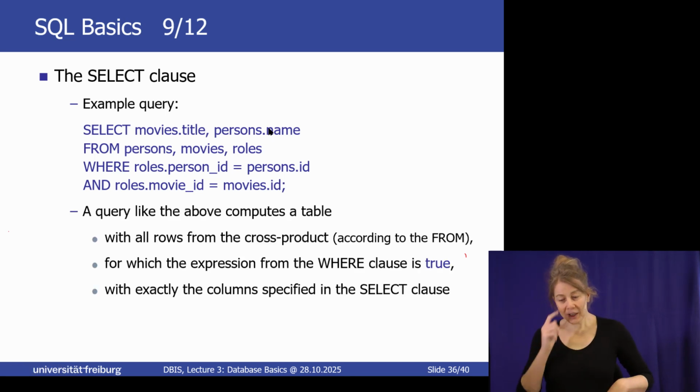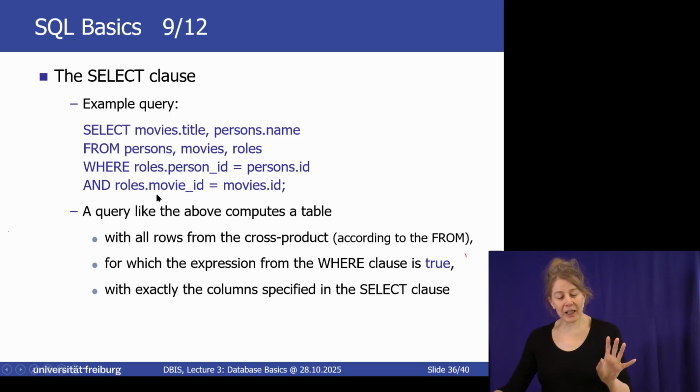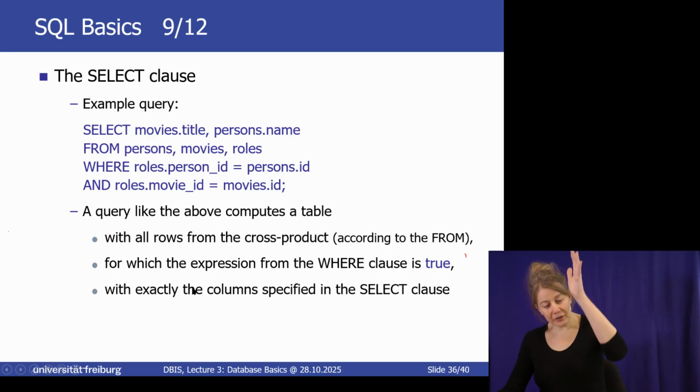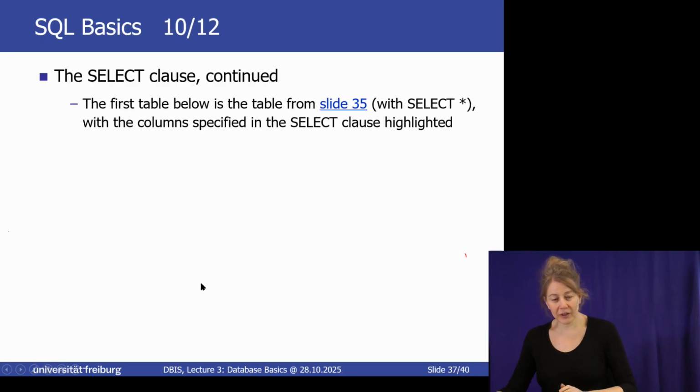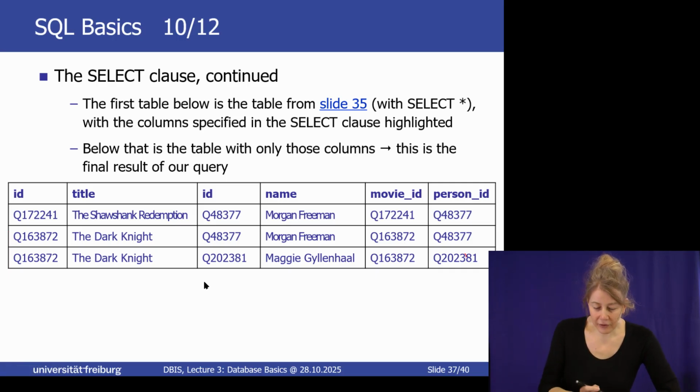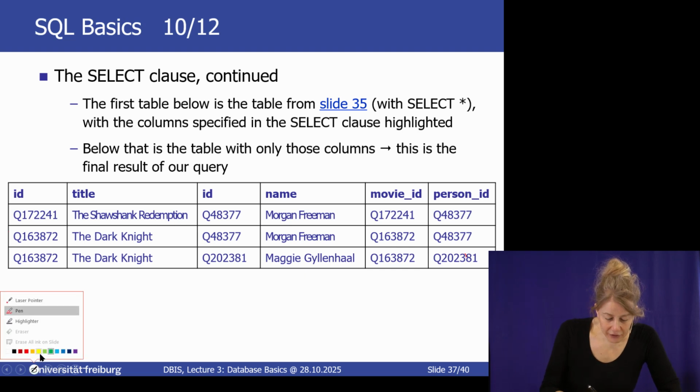Yeah. And let's just recap. So a query like the above takes the cross product conceptually, then checks for each row whether this condition is true, like we did together, or you might do in a future life if you don't pay attention, and then you just output the columns you need in the select clause. Let's just do it for this table, and select the columns which we want.